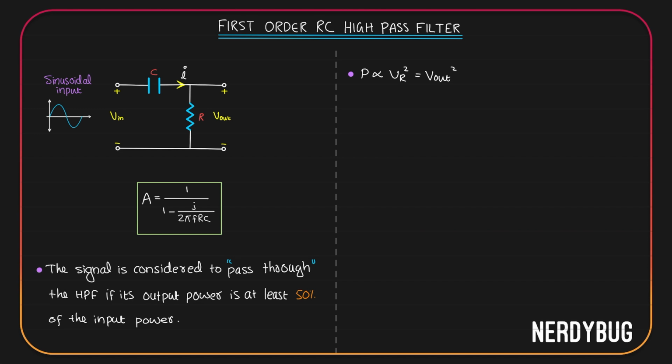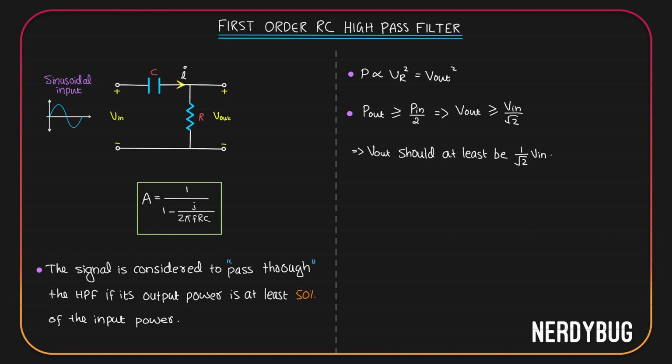So the output power is proportional to square of the output voltage. According to the condition, output power should be at least equal to half of the input power. That means output voltage should be at least equal to 1 by root 2 times the input. V output should at least be 1 by root 2 times V input.